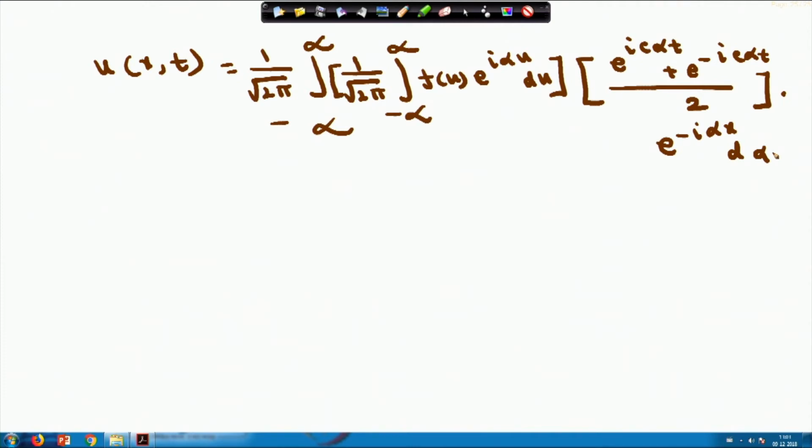Once I am getting this, if I put alpha equals minus s, and I am breaking it into two integrals.